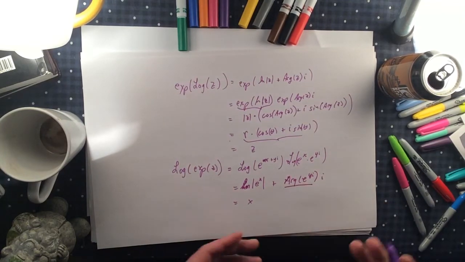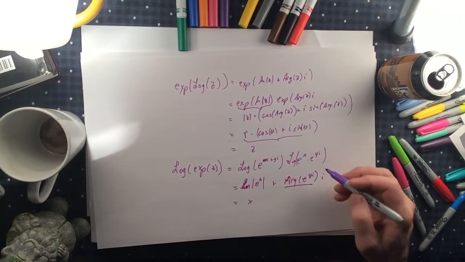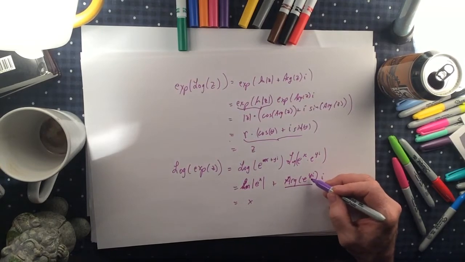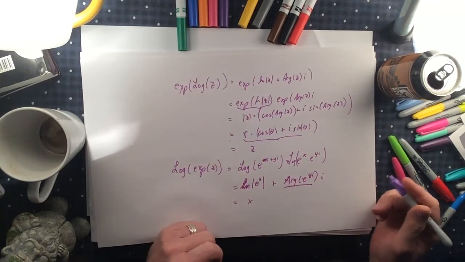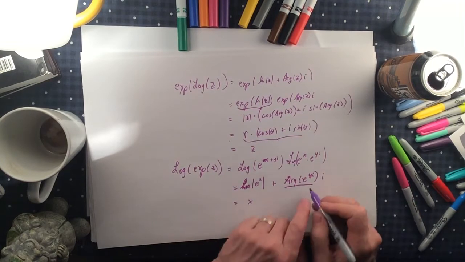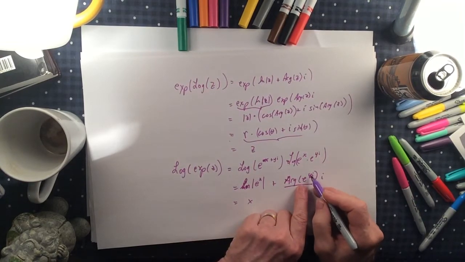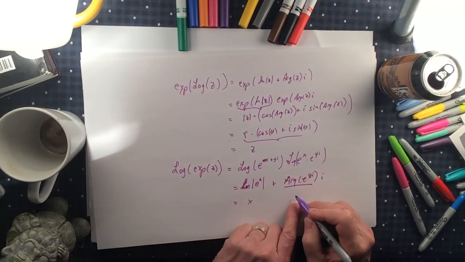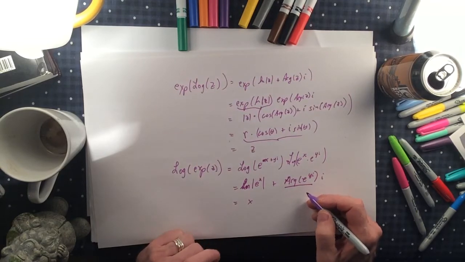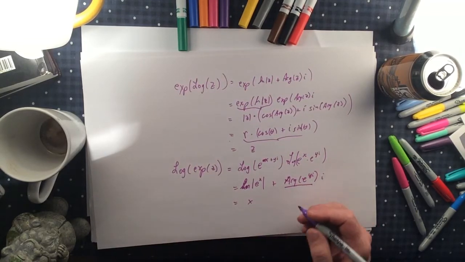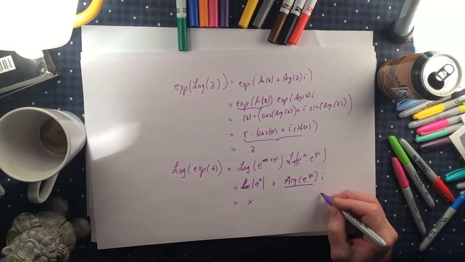Now, if y is too big, then this argument isn't between minus pi and pi. So we have to choose the argument of this to be undone. And so it's going to work.